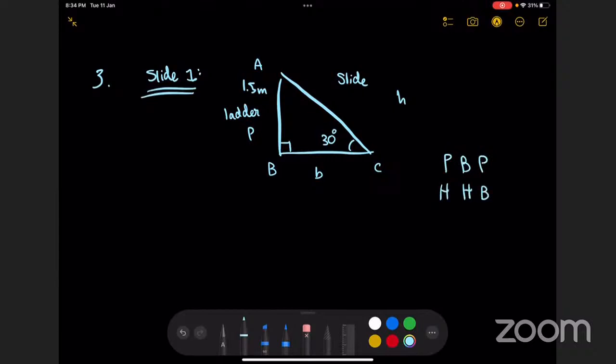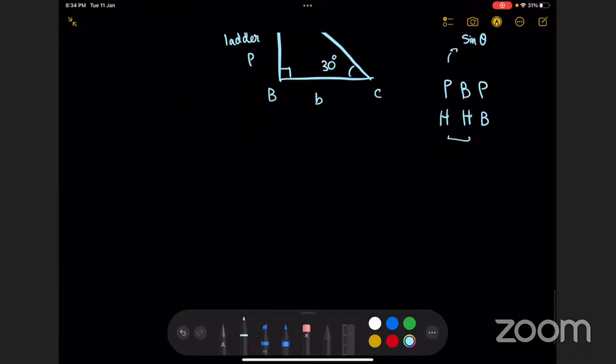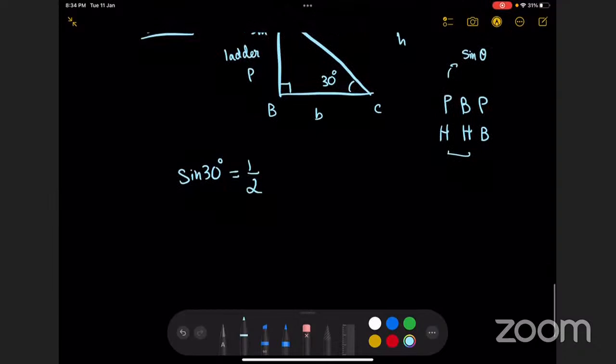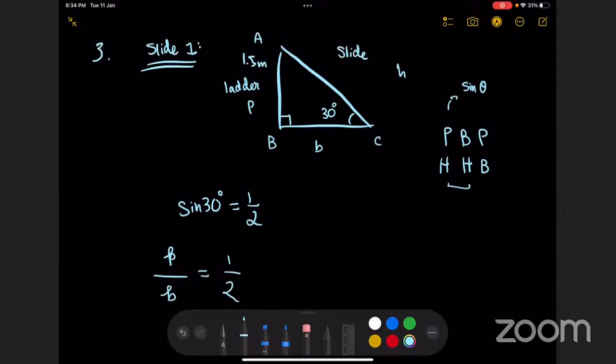Because we need to find out the hypotenuse, we will take one of these 2 formulas, and since the perpendicular is given, we will use sine theta. We know that sine 30 degrees is 1/2, and that's perpendicular upon hypotenuse, and we know that the perpendicular is 1.5.